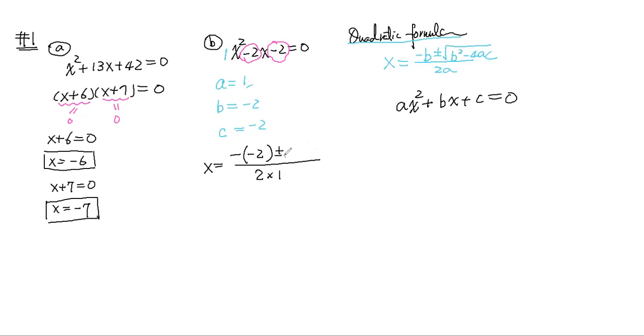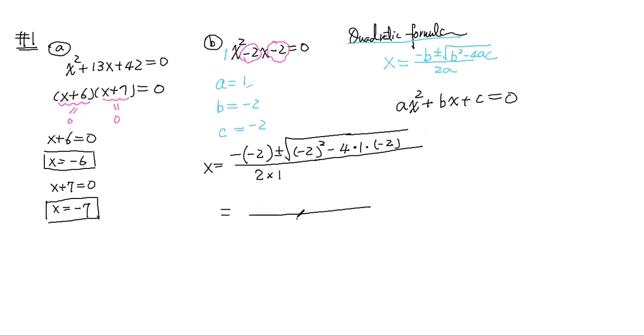Then plus or minus the square root of b squared, so -2 squared, minus 4ac, so minus 4 times 1 times -2. The quadratic formula is a pretty simple formula. The only thing you need to be careful about is the negative sign. If you're not careful, those negative signs will get you wrong, right?